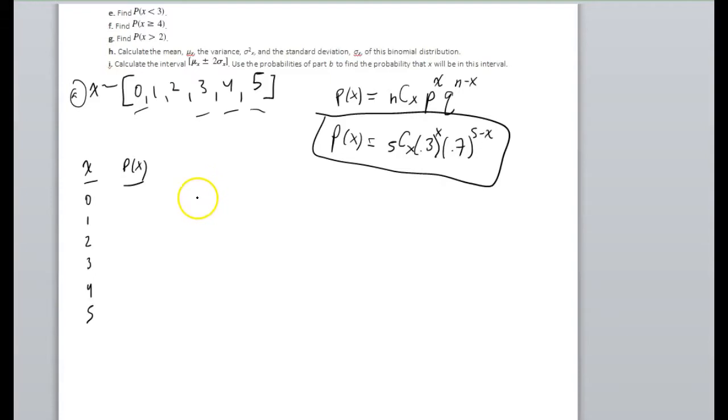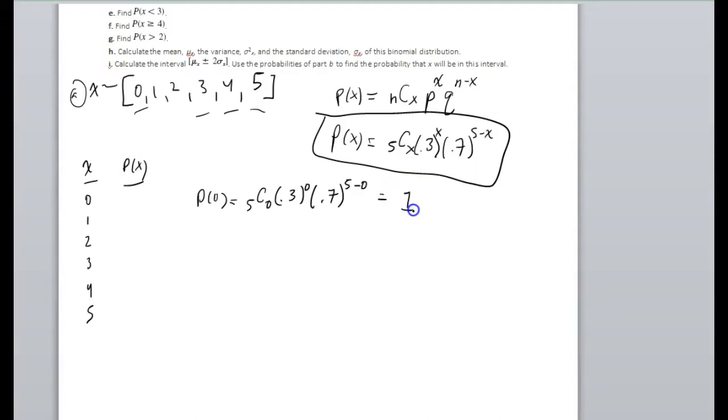I'll just start over here. We'll say p of 0 is equal to 5 choose 0, times 0.3 to the 0th, times 0.7 to the 5 minus 0. So it's just going to be 0.7 to the 5th. And 5 choose 0, here's a rule that you should know: anything choose 0, there's only one way to do it.